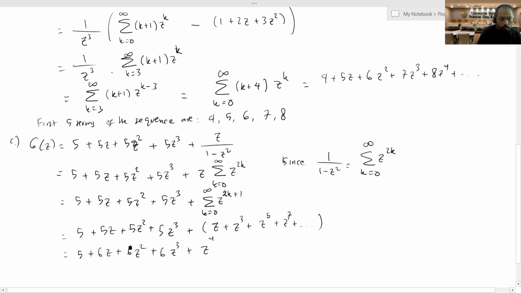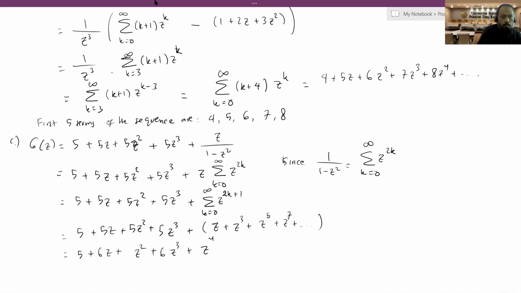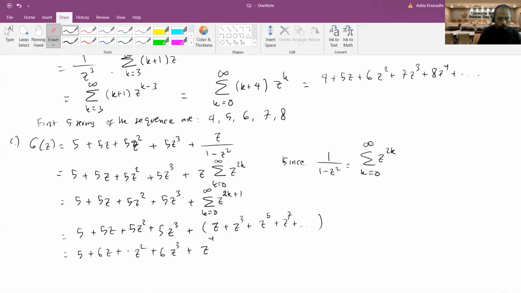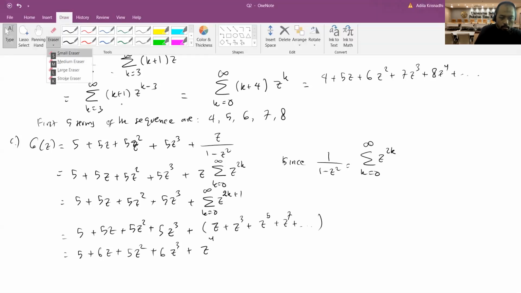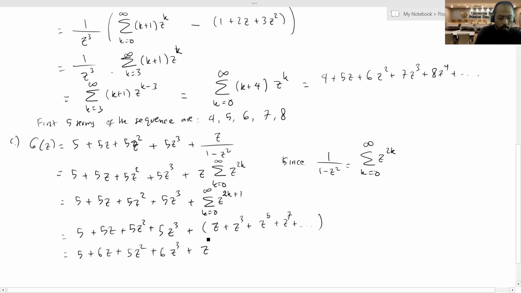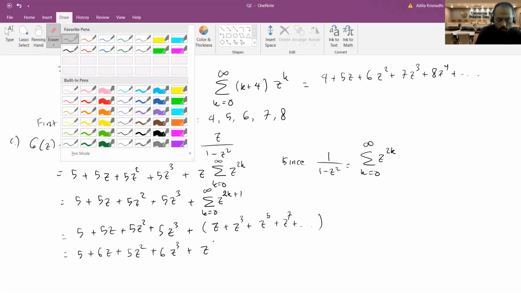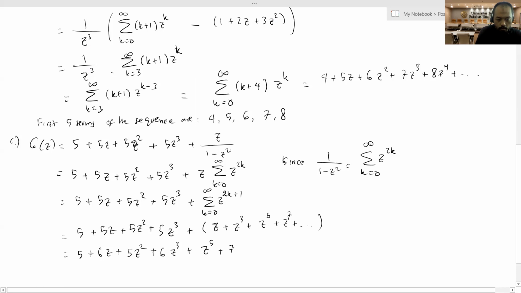So it should have been this: 5z squared, 6z cubed plus z to the power of 5 plus z to the power of 7 plus and so on, right?